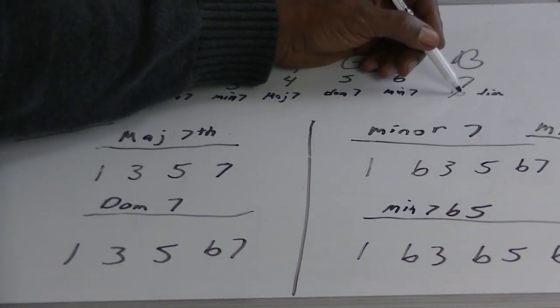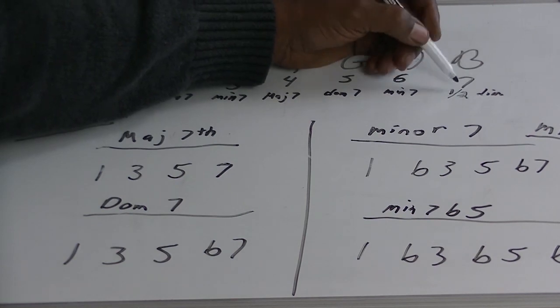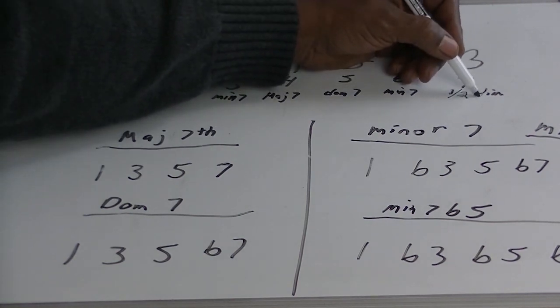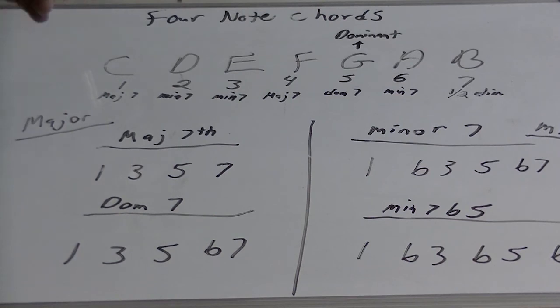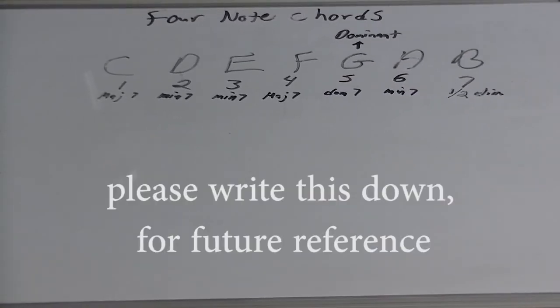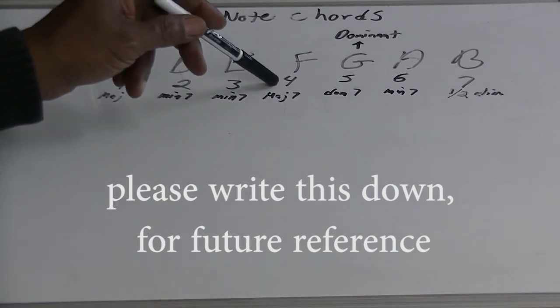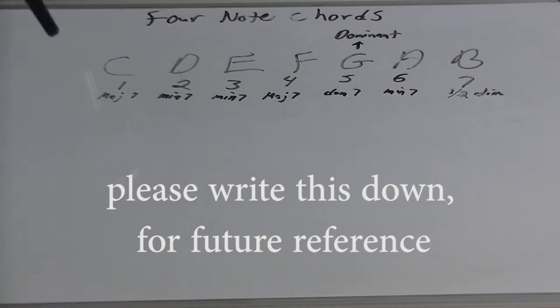If there's a couple things I want you to get out of this lesson, the first thing is that a 4-note chord can be built on each note of the major scale. When we end up with these 4-note chords, the chords associated with the first note and the fourth note of the scale will be major 7th chords.